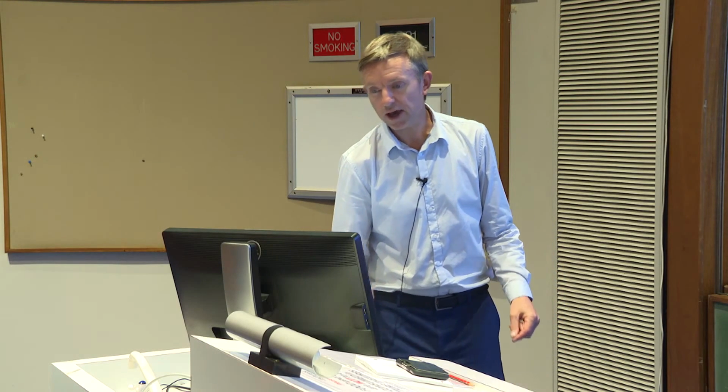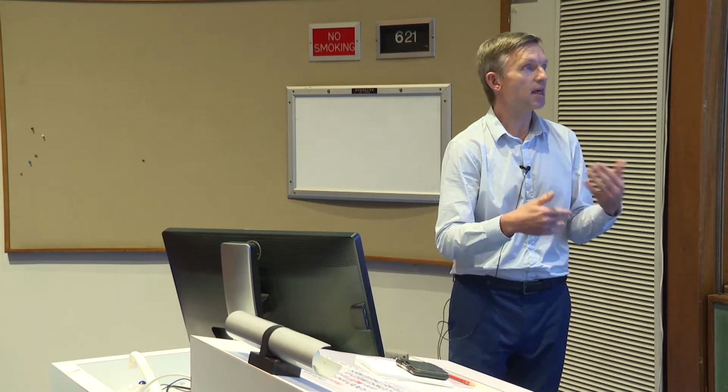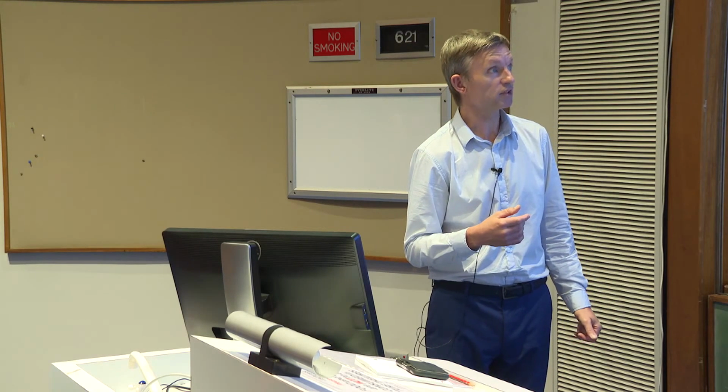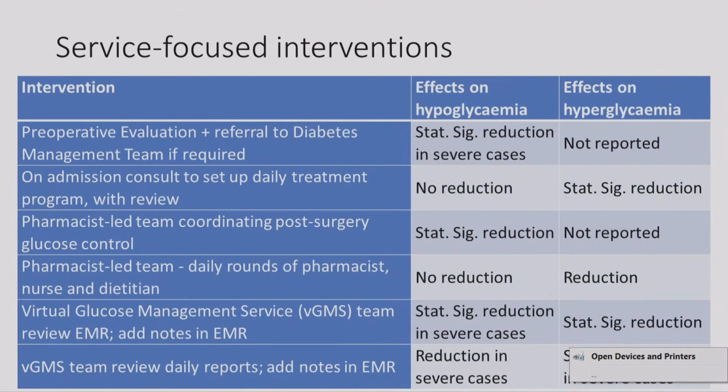So to illustrate how you might look at the data using the findings from our systematic literature review, these are the service-focused interventions. So they give you an example of what we mean by service-focused. And you can see the range of the different types of interventions.